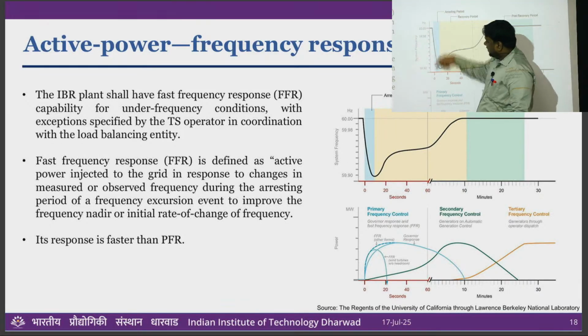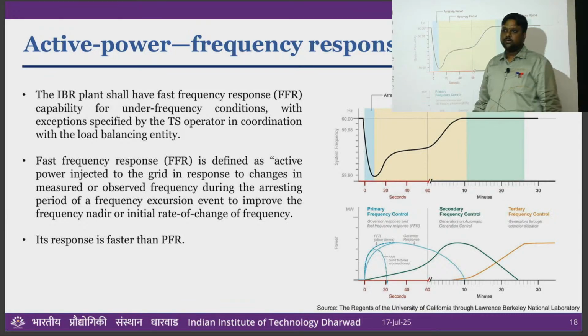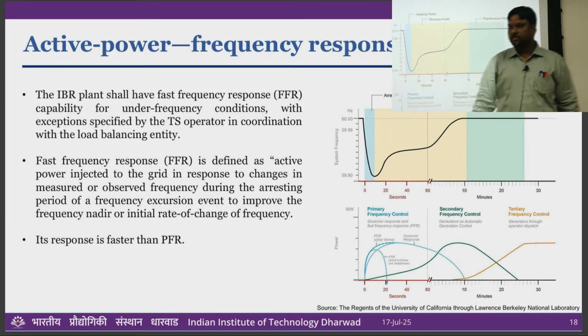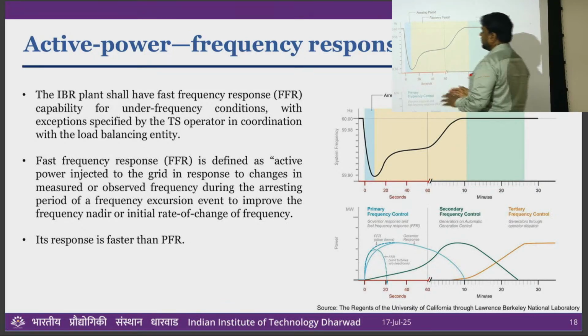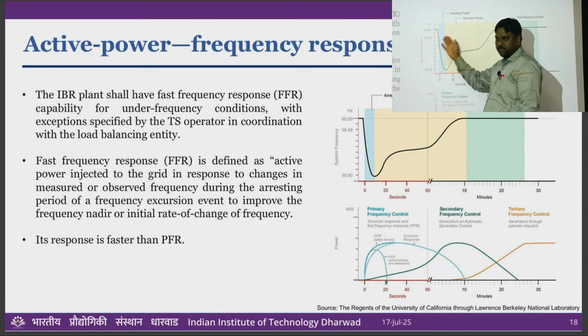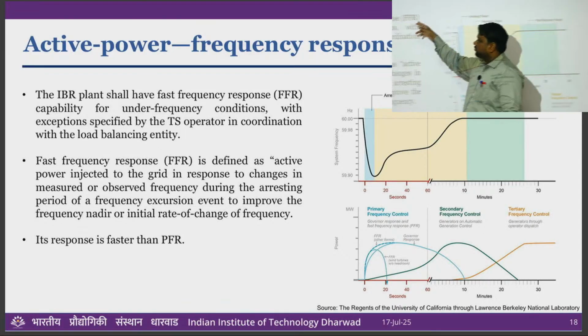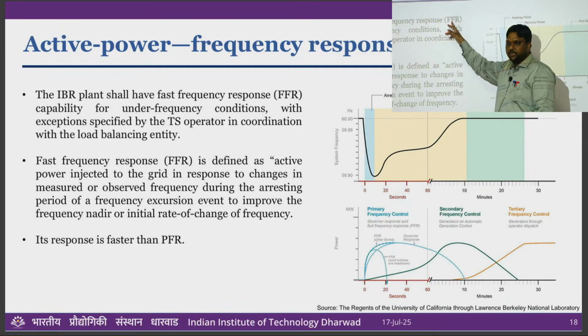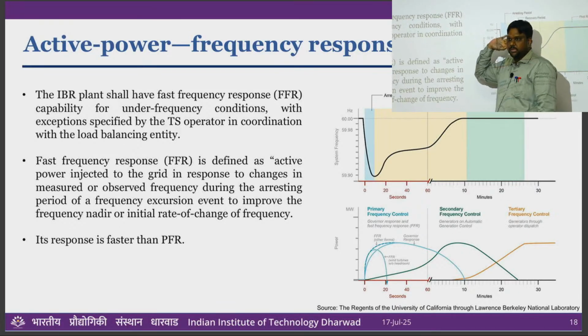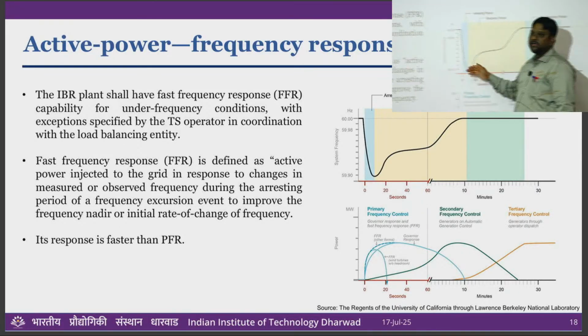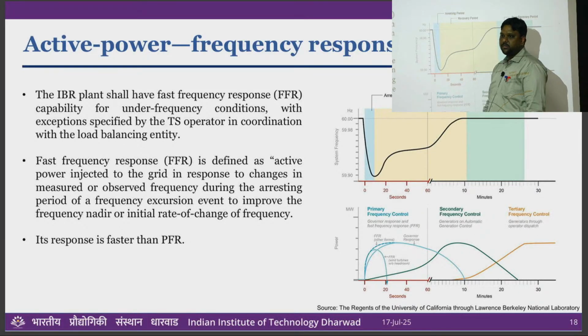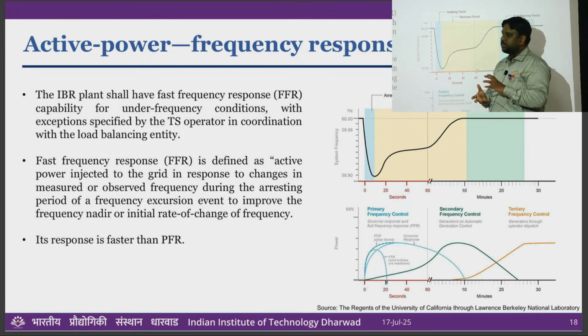And the way it drops, if you measure the slope, that we call the rate of change of frequency. So during a disturbance, when the rate of change of frequency is very high, if you don't have fast frequency response capability, your system will trip, because the moment it jumps, you cannot respond by your active power, because your system doesn't have the flexibility to react that fast.